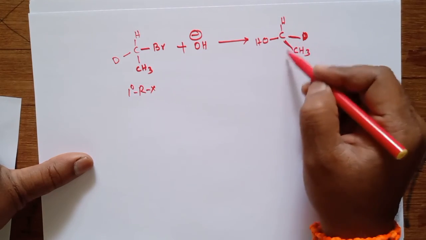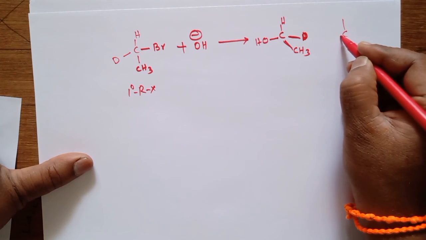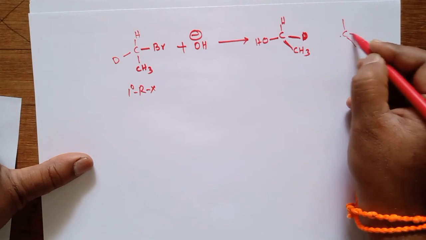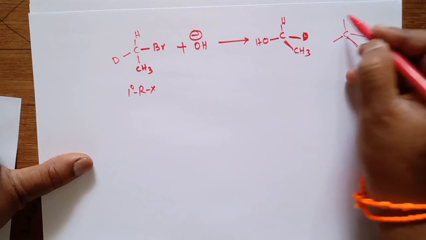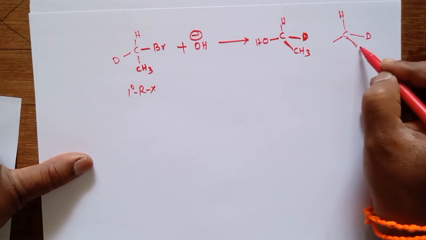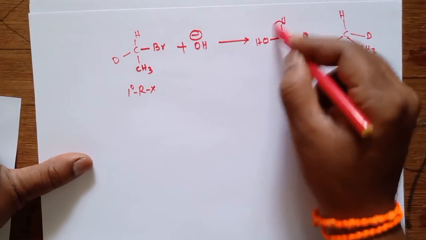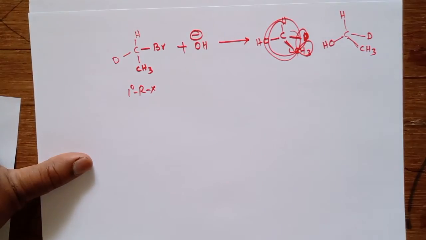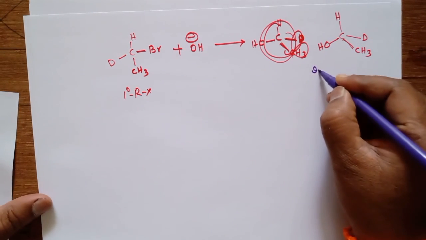You have to write it in the tetrahedron fashion: first write the bonds, then hydrogen, deuterium, CH3, and the OH minus. This compound you can call the inversion product.